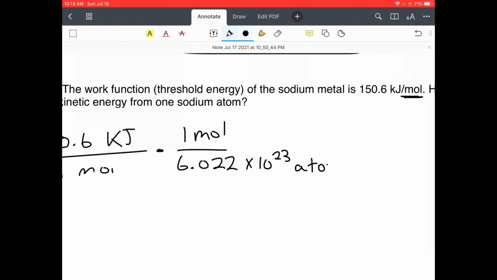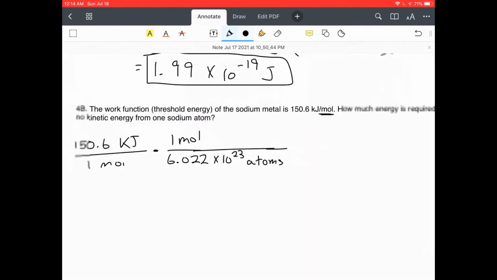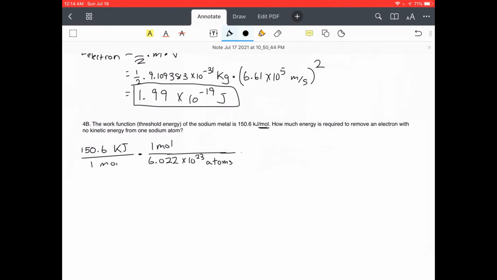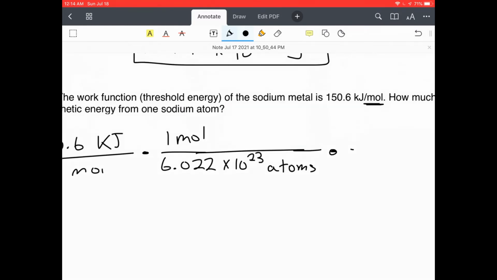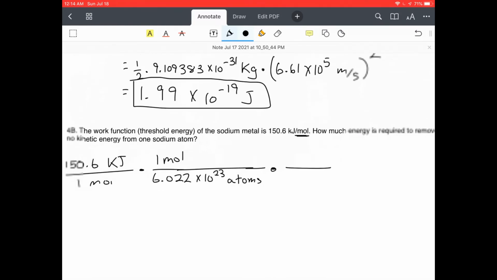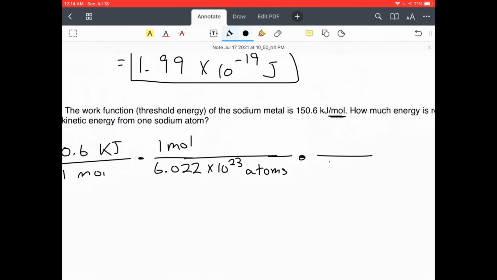And I'm getting this number because of Avogadro's number. And from there, you know what, let's convert from kilojoules to joules just for fun as well. So in order to get rid of the kilojoules, I need to put kilojoules on bottom. So 1 kilojoule is equal to 1,000 joules.